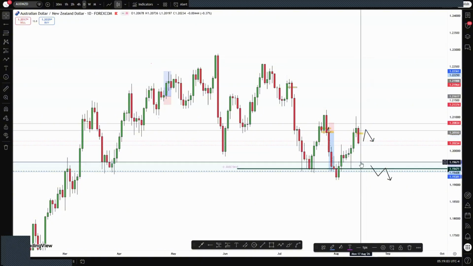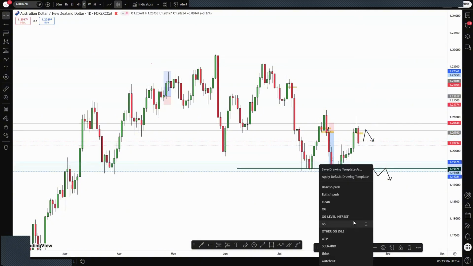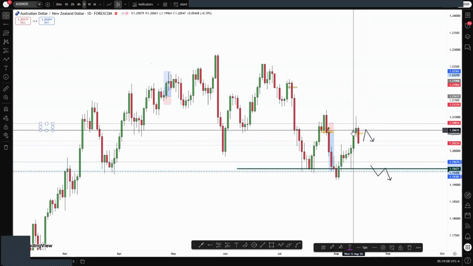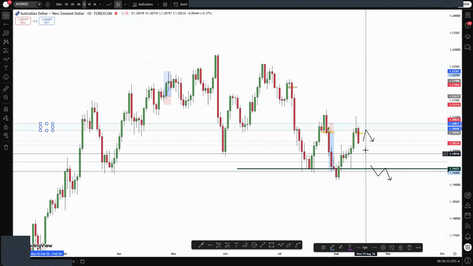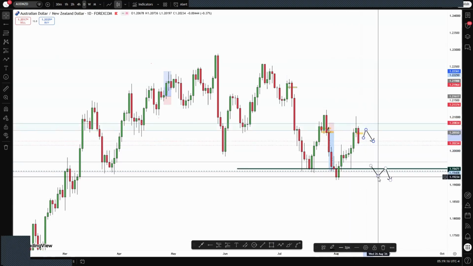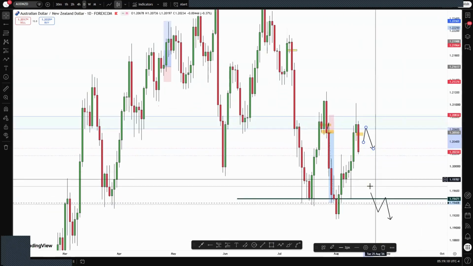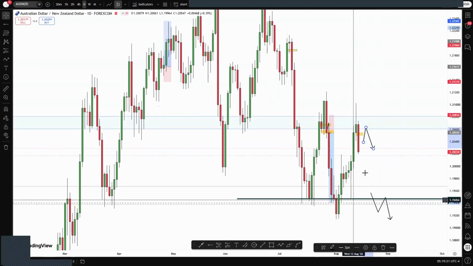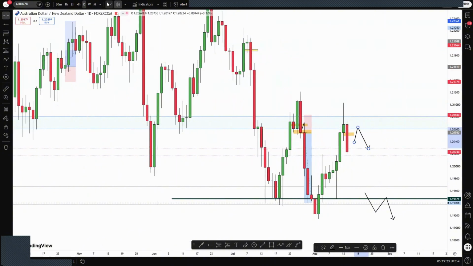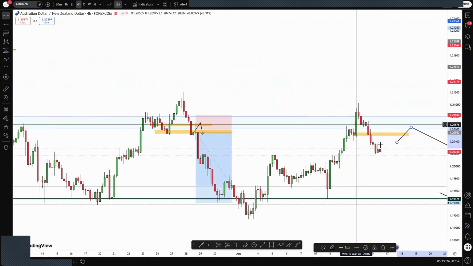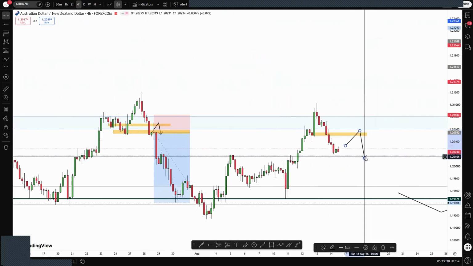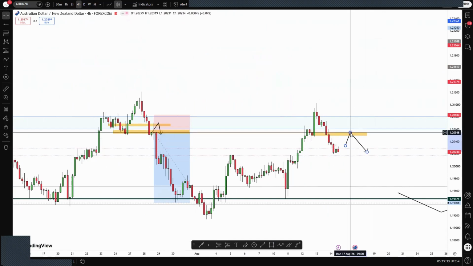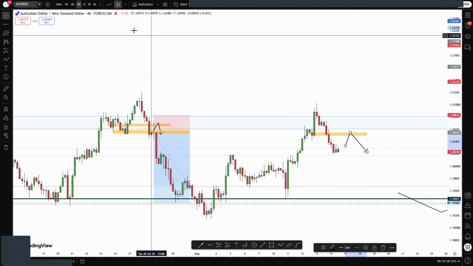So if we are participating in this trade, this is what we can do. We are going to wait for price to test back after this shift and then see how it gives us that entry.